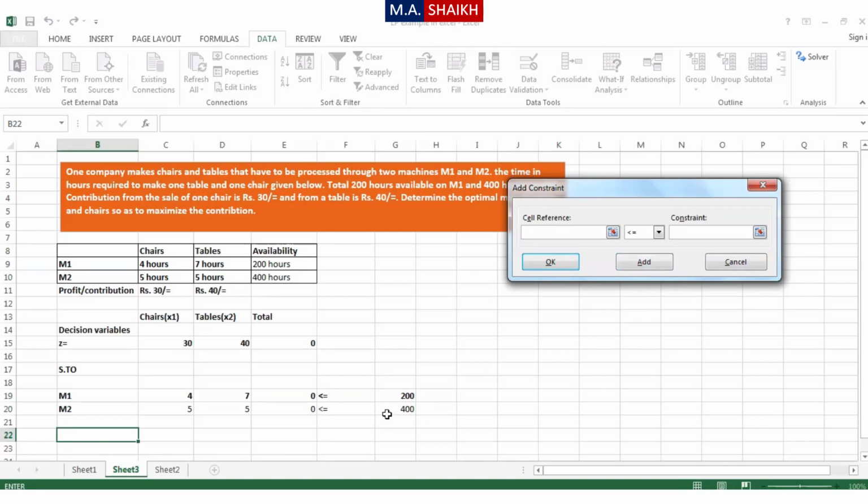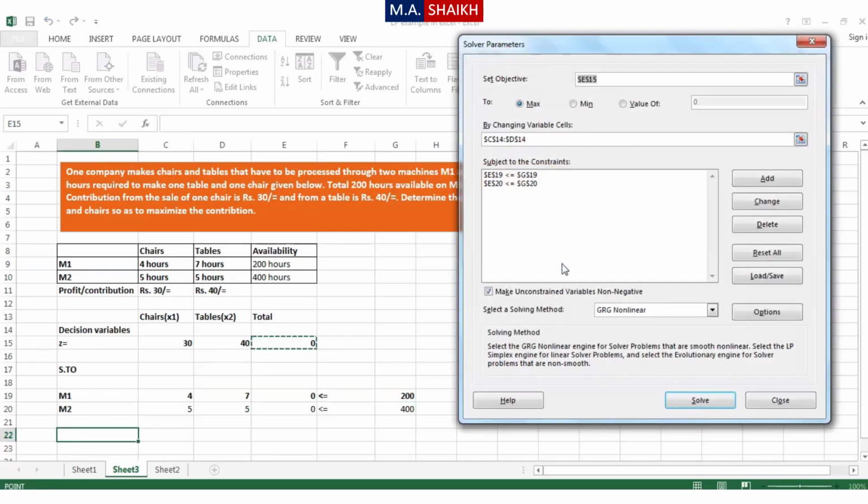Again we have another constraint, so this is the cell reference, total time on M2 for two products less than or equal to 400. 400 hours are available for two products on M2, right?